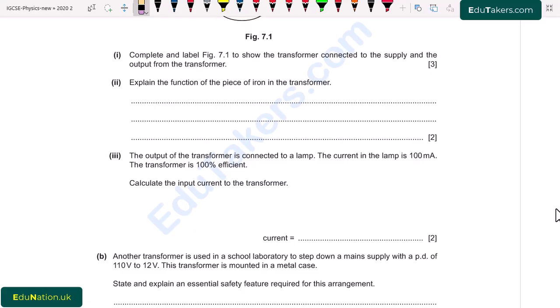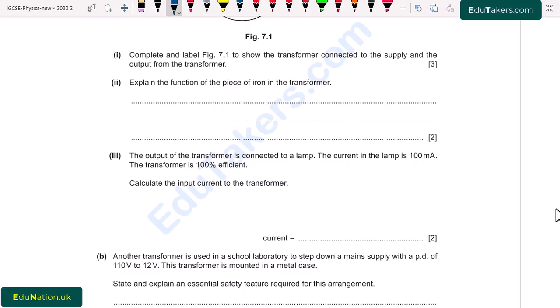First of all, it links the magnetic field of coils, and second, it helps produce a stronger magnetic field in the secondary coil, and thus better electromagnetic induction.